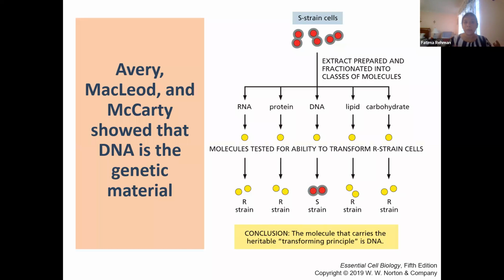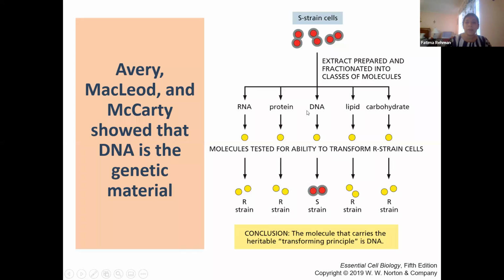They continued working with the S and the R strain of bacteria, and they prepared extracts from them so that they could specifically isolate just RNA, just protein, just DNA, just lipids, and just carbohydrates. So they had multiple extracts from these cells to have isolated or enriched fractions. They wouldn't be perfectly isolated, but enriched fractions from each one of these categories.